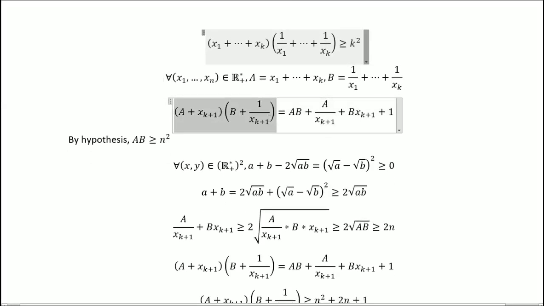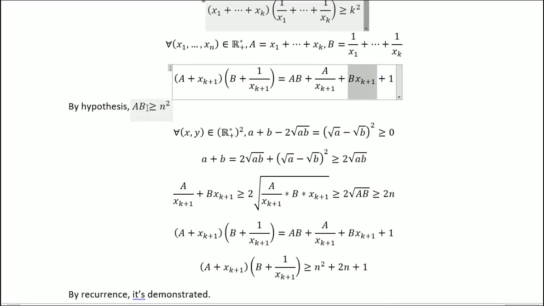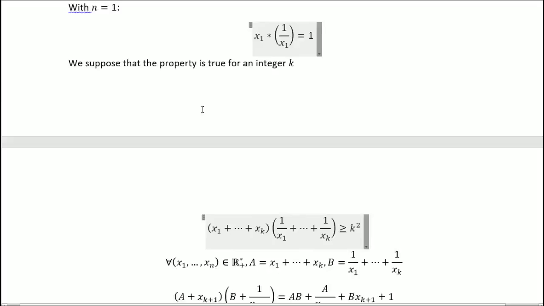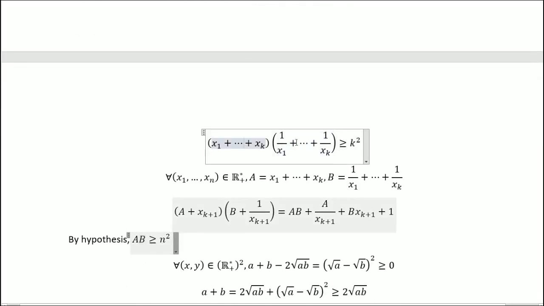So I calculate this product, that is equal to ab plus a over x(k+1) plus b times x(k+1) plus 1. So by hypothesis, ab is superior to n squared because of this thing here, because that's A, that's B, and that's n squared.